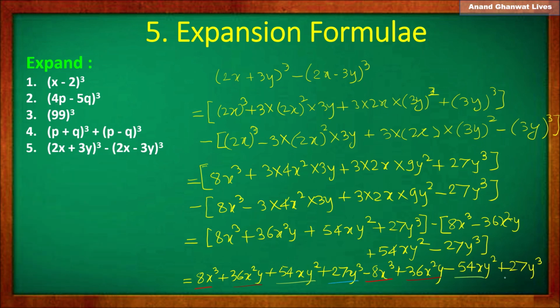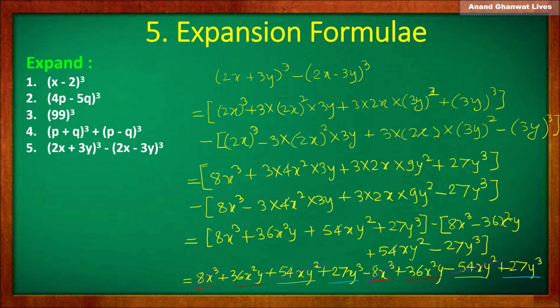So we have got like terms here. In those like terms, 8x cube minus 8x cube, addition is 0. Then 54xy square and negative 54xy square, addition is 0.